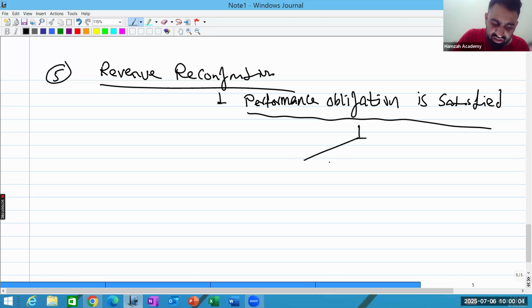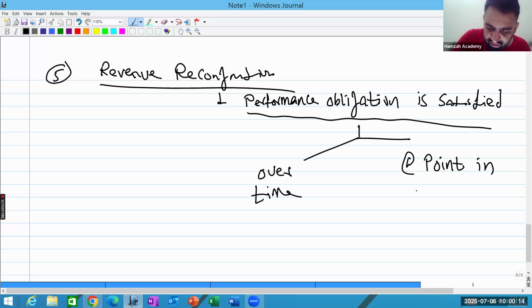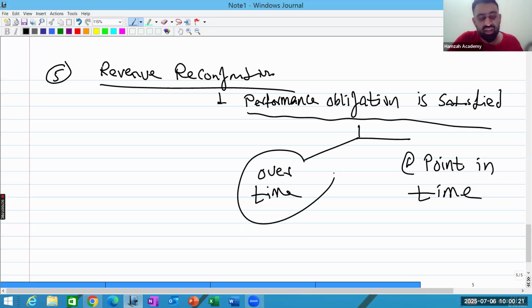And a performance obligation is satisfied either over time or at a point in time. When it is over time, revenue is recognized over time. When it is point in time, revenue is recognized at a point in time.